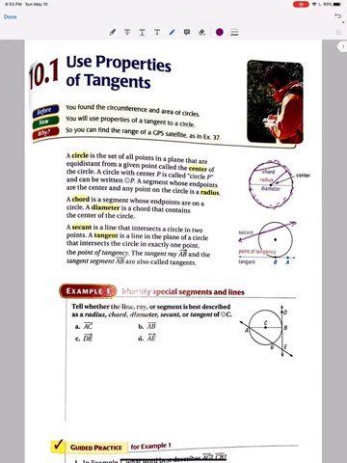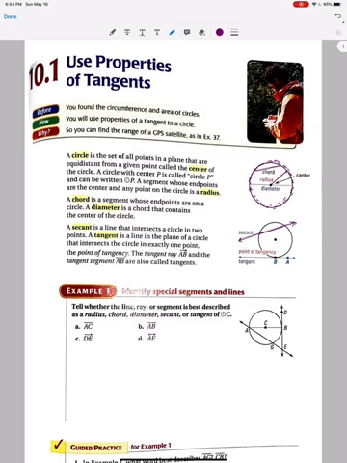So you see we have this line and it is touching the circle at point B, which is the point of tangency. AB is a tangent ray. It also could be a segment as well. So we'll look at different ways to name these.